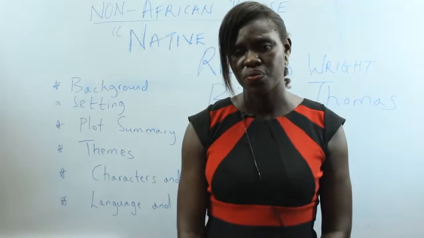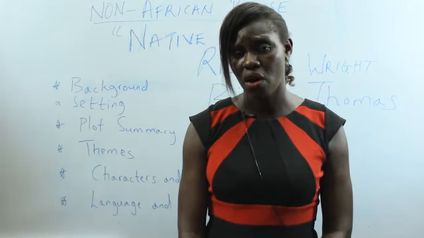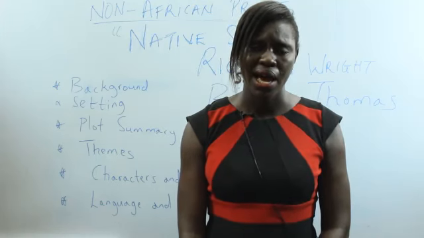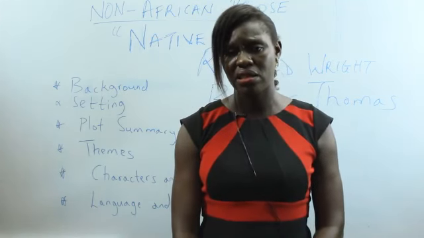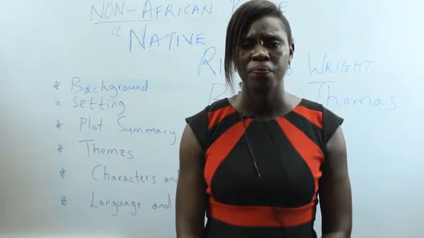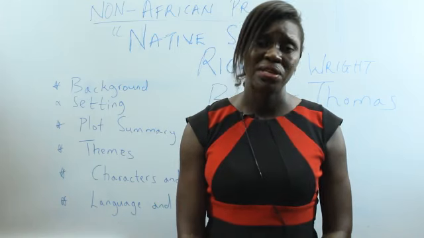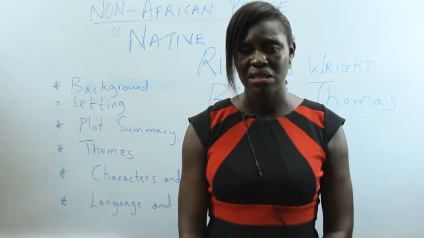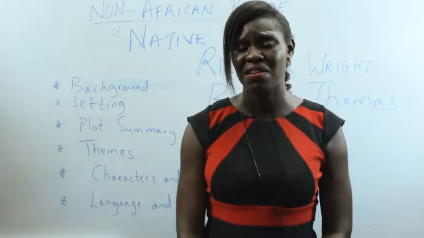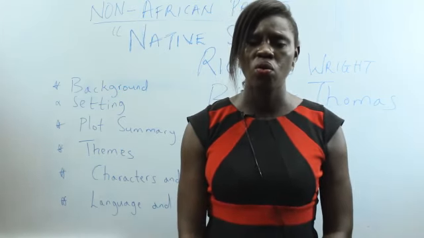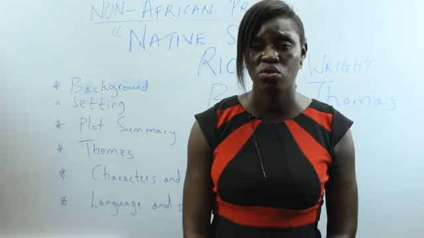Before I round up this class, let us shed a little light on Bigger Thomas's character. You begin to wonder why he is always angry, because his character is seen to be a very angry person who hates anything that has to do with the whites.